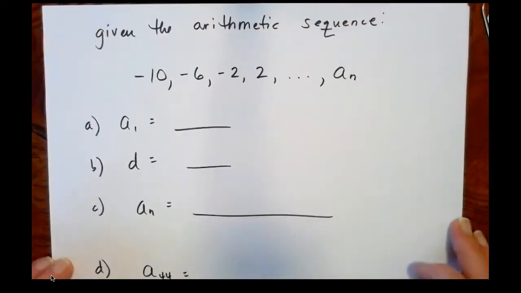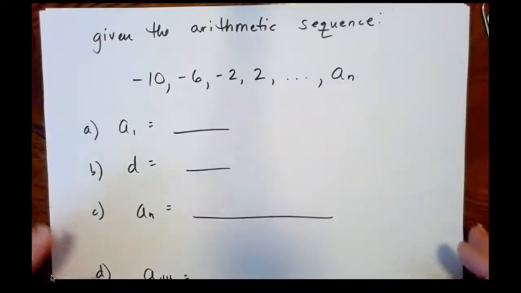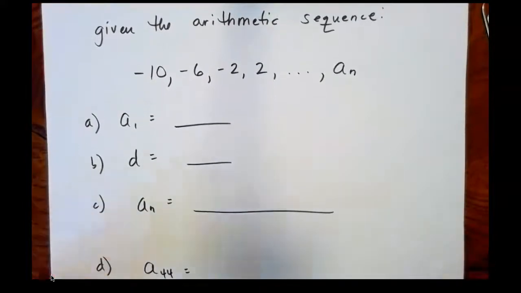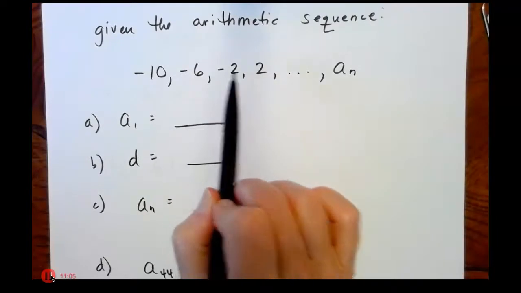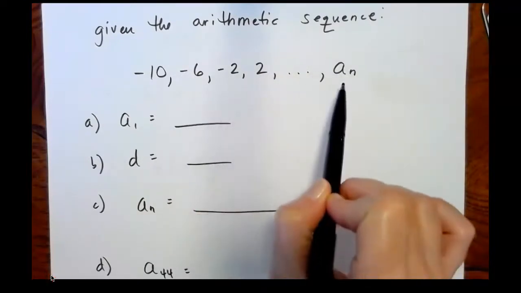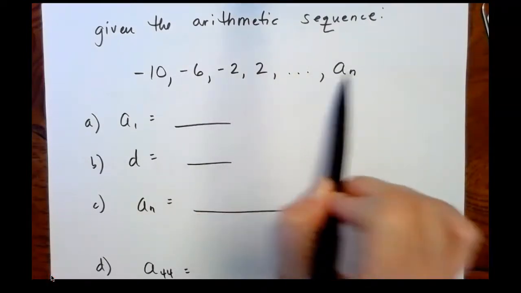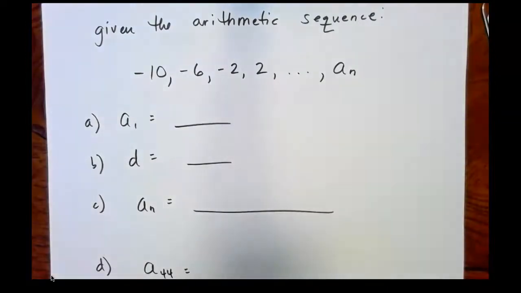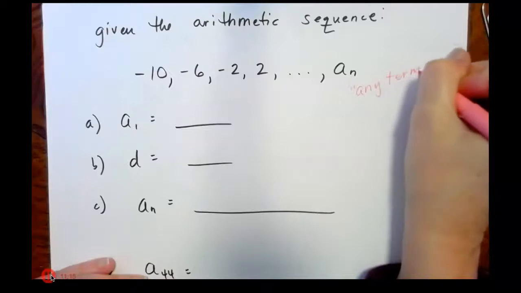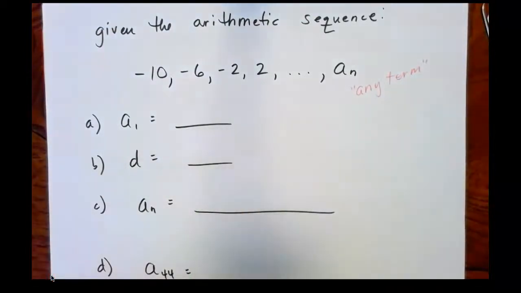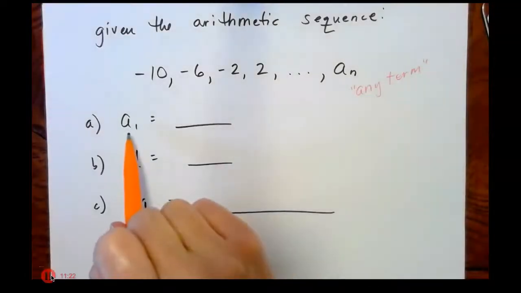We also have arithmetic sequences on our test this week. So here's an arithmetic sequence: -10, -6, -2, 2, all the way to a sub n. Remember, a sub n represents any term in the sequence. So first thing we want to do is, what is our a sub 1?